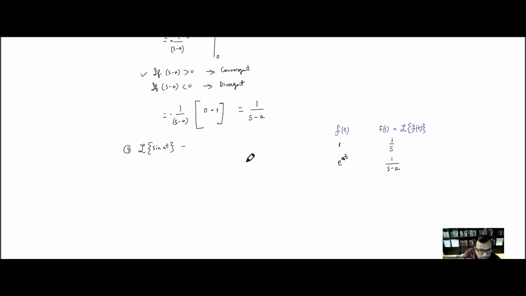So as per definition, integral 0 to infinity e to the power minus st sine at dt. Now, these types of problems, how we will solve is using integration by parts.